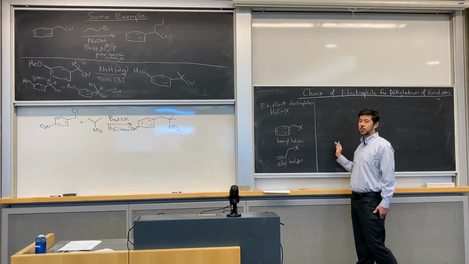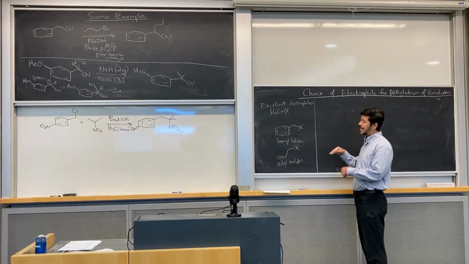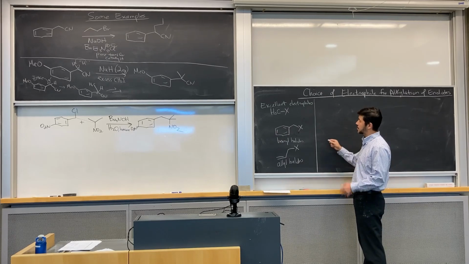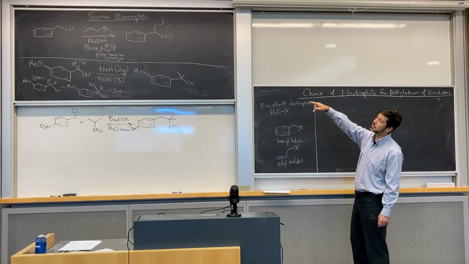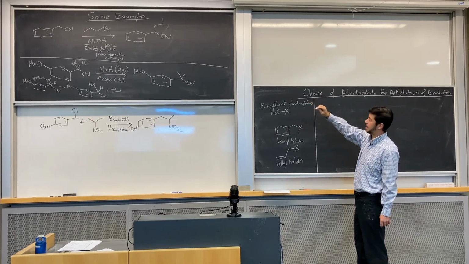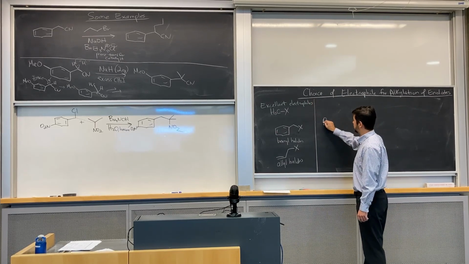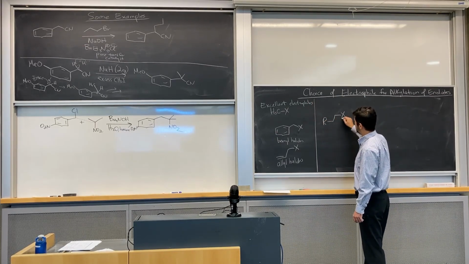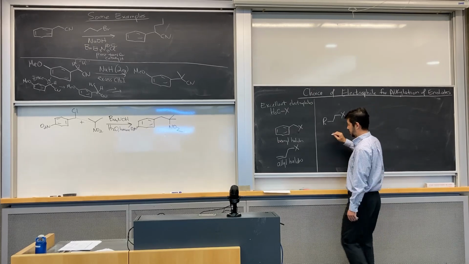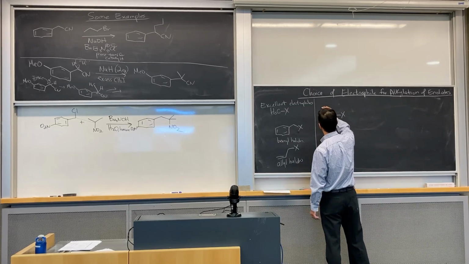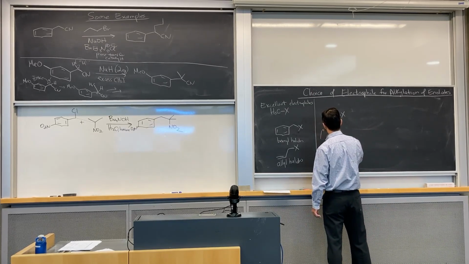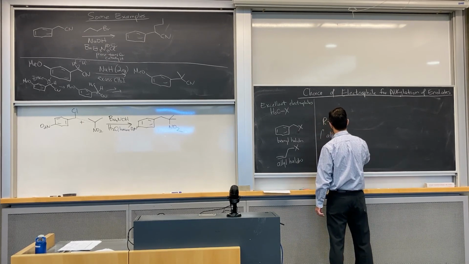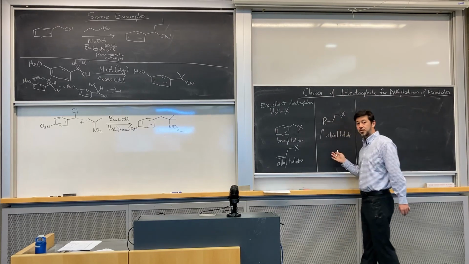Now, if we move over a little bit and look at the next class of electrophiles, we used one up there, which is primary alkyl halide. Okay, so I'll just call this an alkyl halide like this. So a primary, and these ones are pretty good.